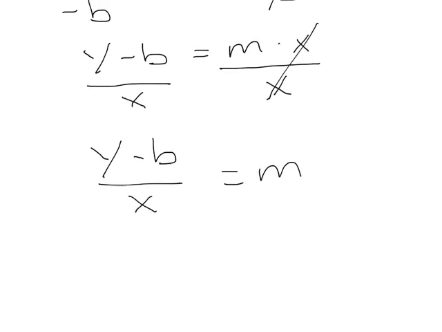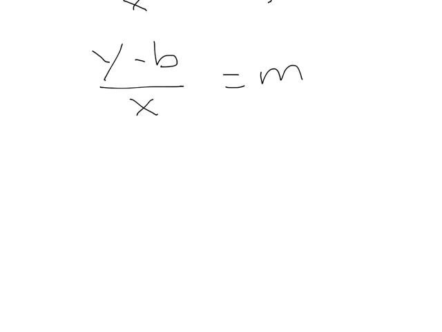Now I'm going to give you one cautionary tale that I see a whole lot. Again, we've got an implied parentheses like what we were looking at on the very first slide, that it's the y minus b, all of that over x. So it's implied that this has to be done first. I do see a lot of students, and they probably know it in their head, they just don't show what they know.